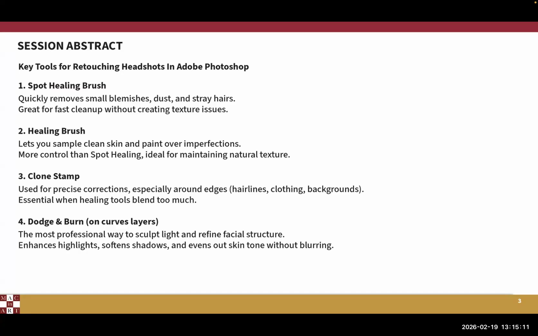Then you have the clone stamp tool. This is used for precise correction, especially around edges, hairline, clothing, and background. It works great with the healing tool, and they blend together. I will take the clone tool and use it sometimes when I have to extend something, redo something, and clone it to another area.